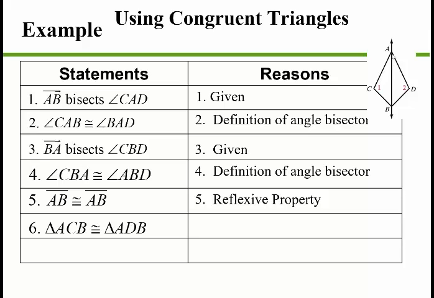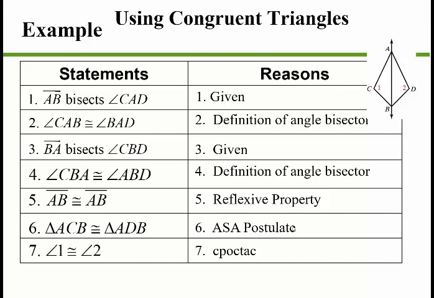So it must be that triangle ACB is congruent to triangle ABD, and this is by the angle-side-angle postulate. So now I have these two triangles are congruent. So thus, it must be that angle 1 is congruent to angle 2. And the last step we use to say this is because corresponding parts of congruent triangles are congruent.